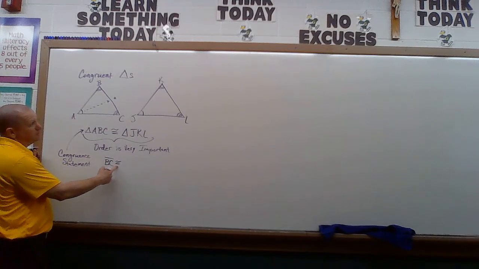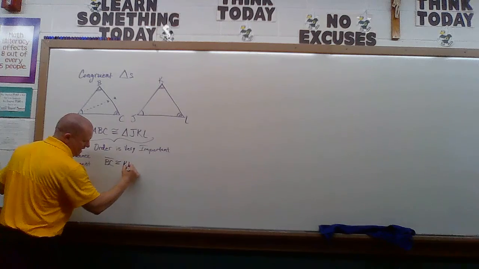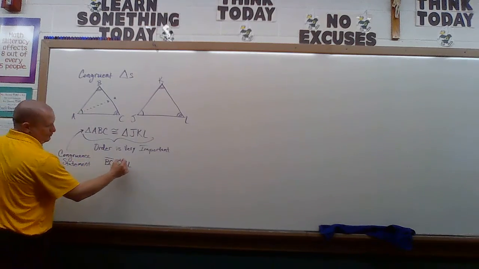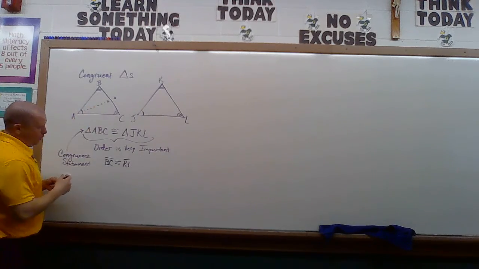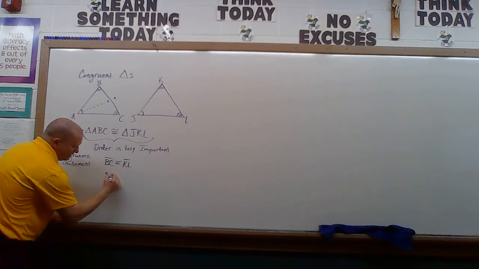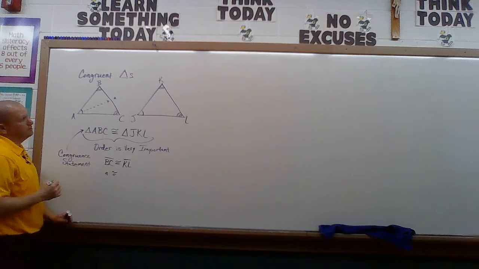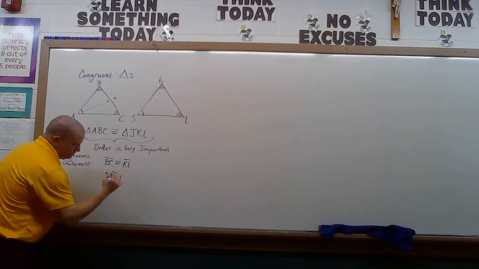KL. And we really should put a line over the top. Now, don't worry about the line so much, but we'll learn more about that in geometry when we get there. Okay? So, little a is congruent to what? Little j.